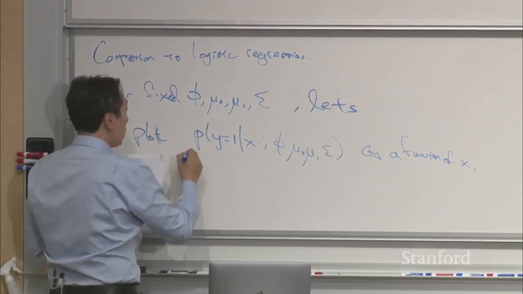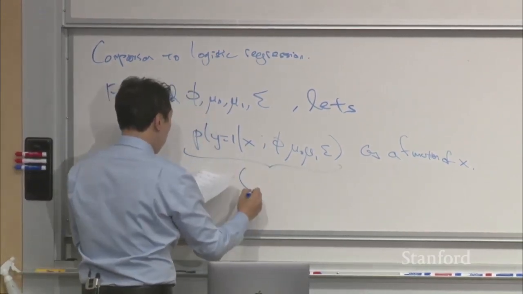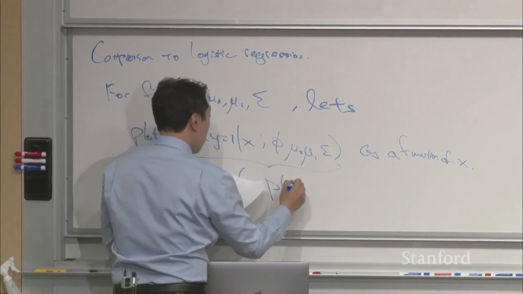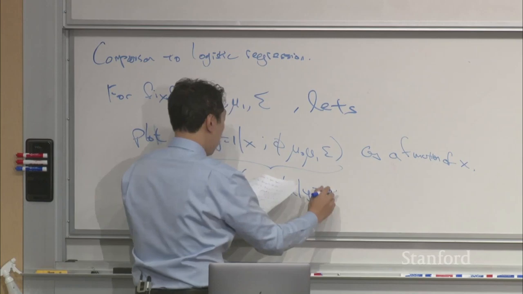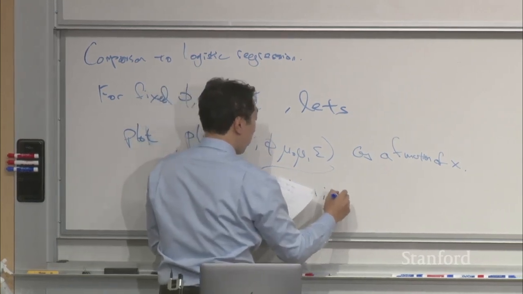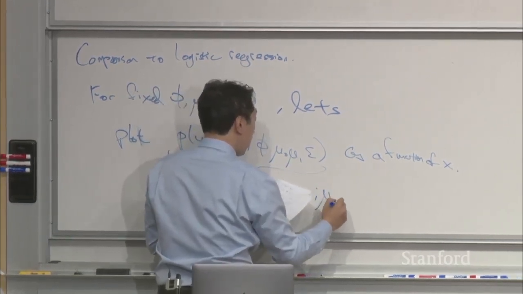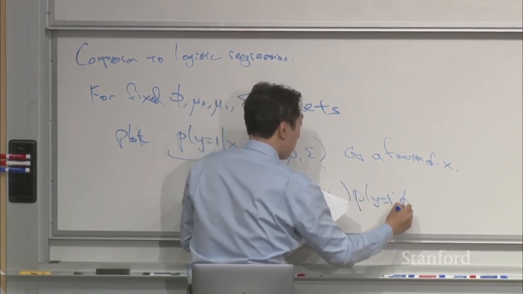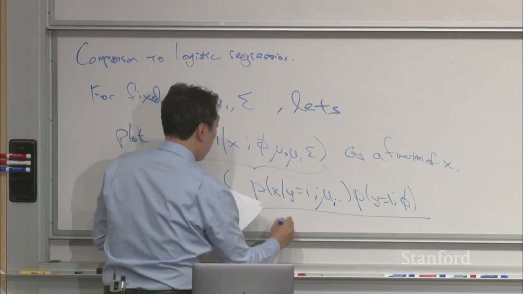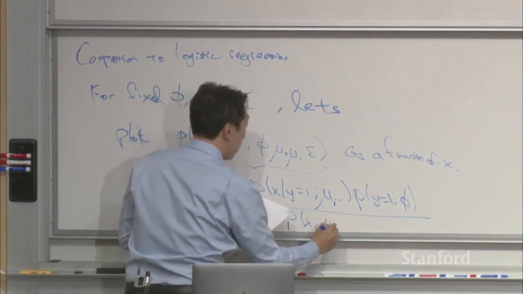But what this means is, this formula is equal to P of x given y equals 1, which is parameterized by the various parameters, times P of y equals 1, which is parameterized by phi, divided by P of x, which depends on all the parameters.